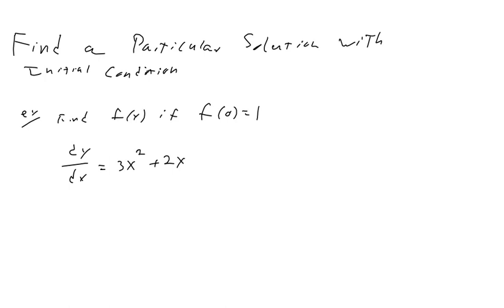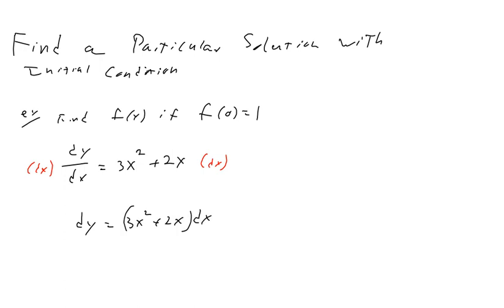I like that. So we're going to rearrange this equation: dx on both sides. I don't need to move any y's around. That's great. dy equals 3x squared plus 2x dx.